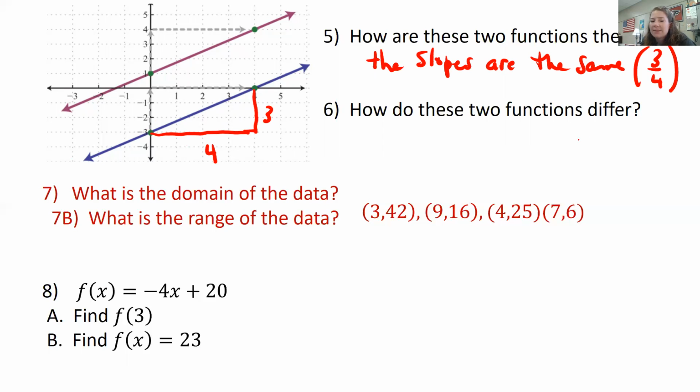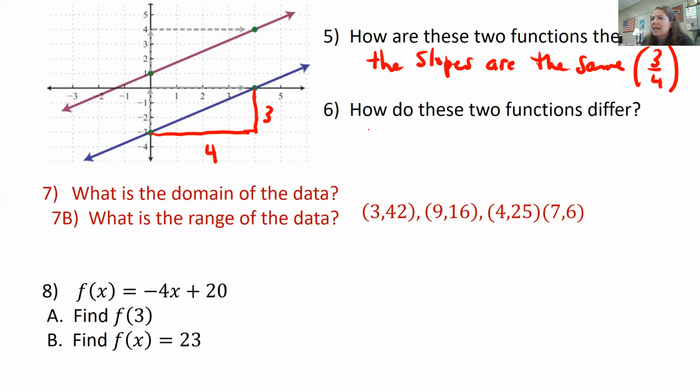And then how do they differ? Well, they're not the same line because they have different y-intercepts, correct? So the slopes are the same, but the blue line is 1, 2, 3, 4 below the purple line.